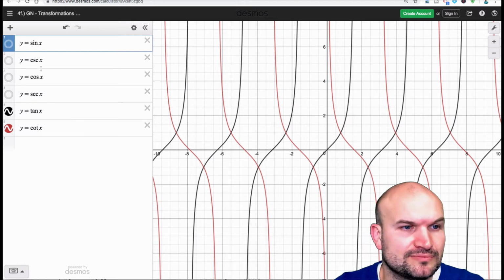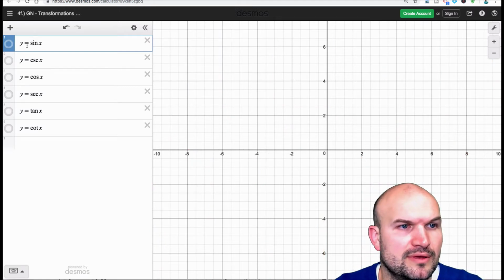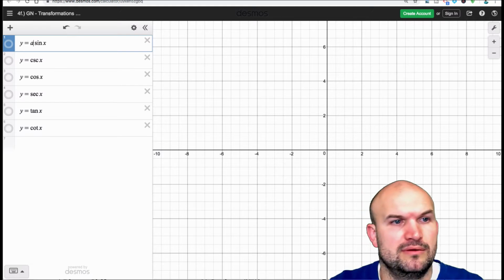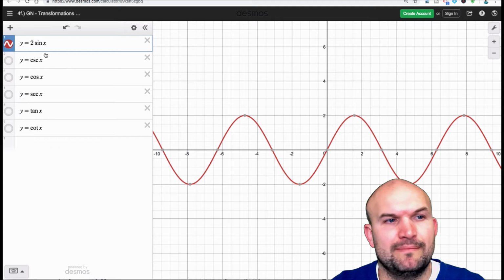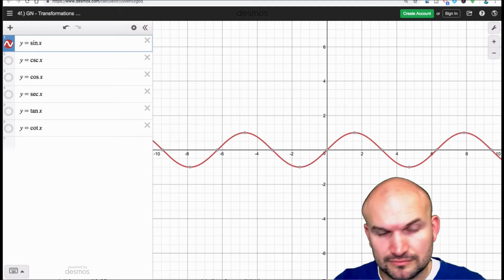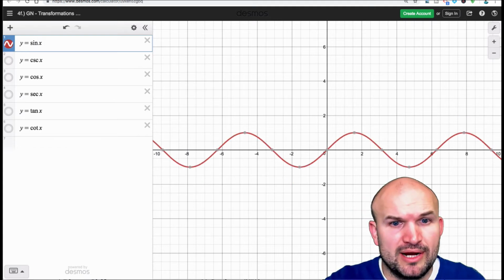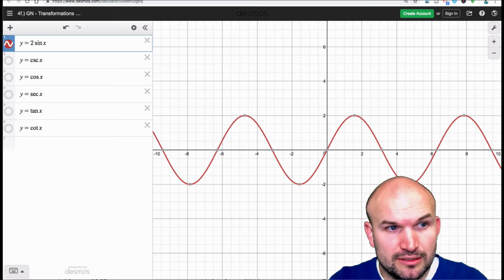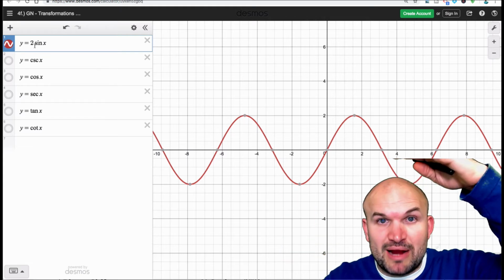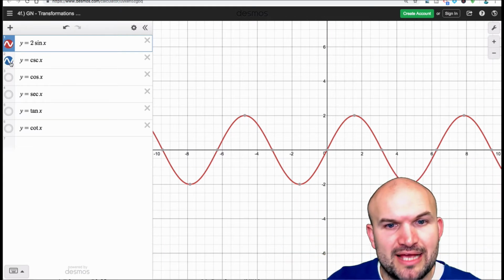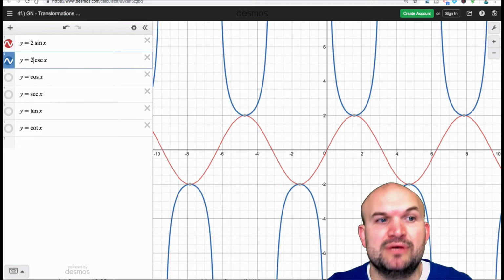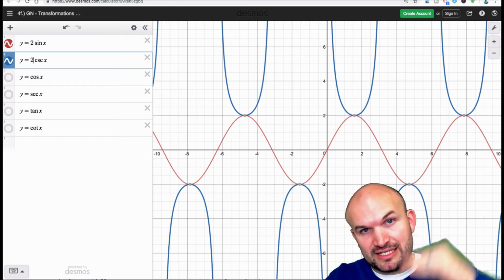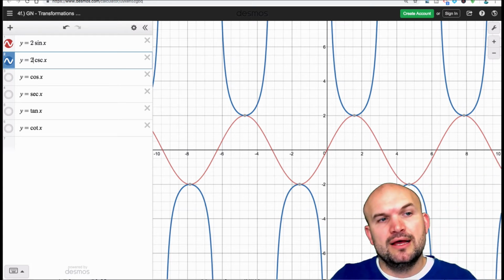If I have, let's give it the A sign, here's the sine graph. We talked about when we had 2, what that did is vertically stretch the graph. The same thing happens with the cosecant. When I change this to 2, you can see how that mirrors the image of the cosecant graph. It's doing that vertical stretch.